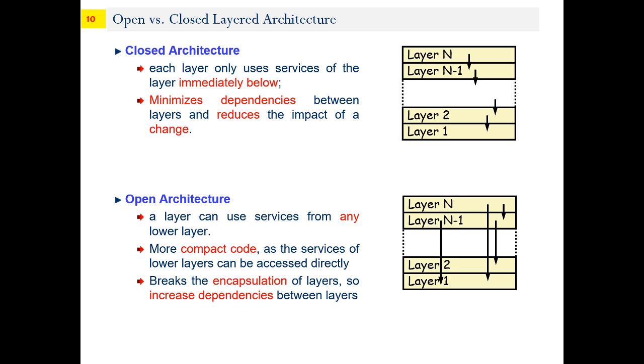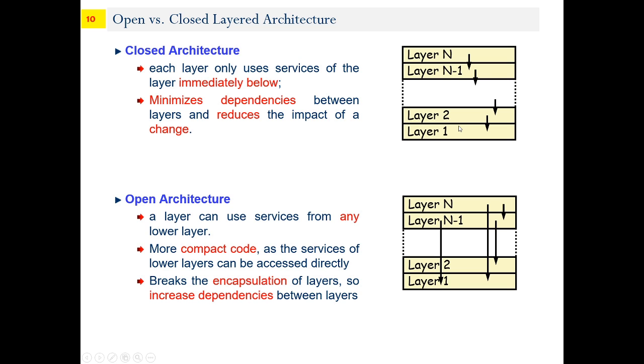Now we move on to the first architectural style, that is open versus closed architecture. These two are very simple to understand, but we must understand them. In closed architecture, each layer only uses the services of the immediately lower level. Layer N can refer to N minus 1 only. Layer 2 can refer to layer 1 only.